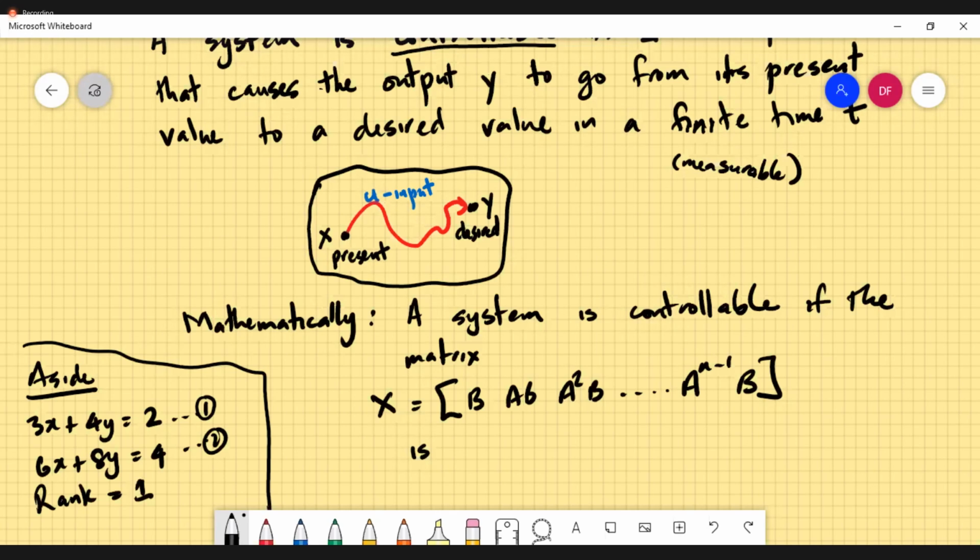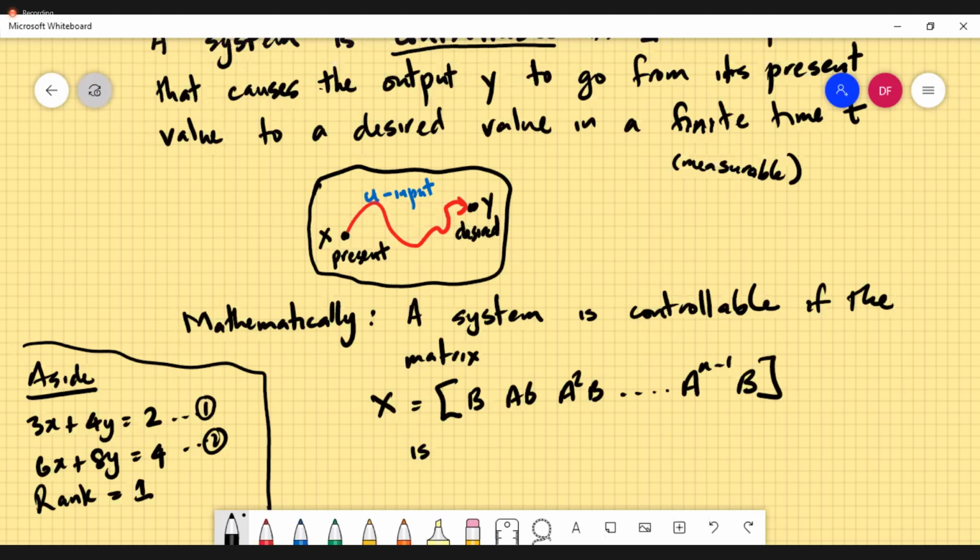So if we have a 2 by 2 matrix, then to solve it, we need 2 different equations. Sorry, we have two variables, x and y. We need two equations to solve it. And if we have two different equations, then the rank is 2.